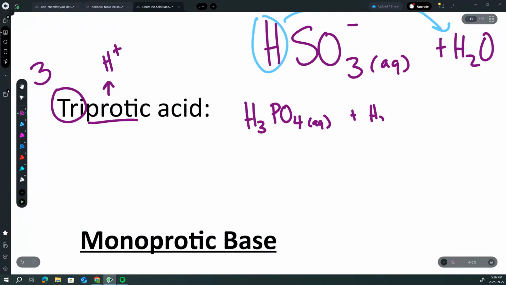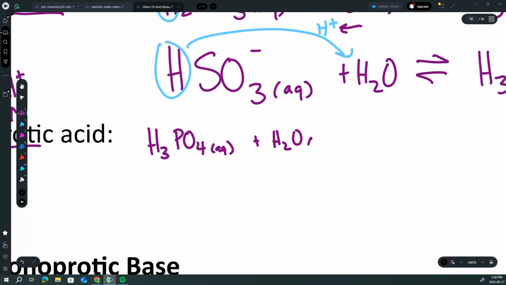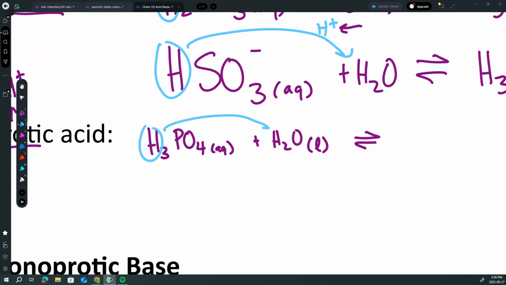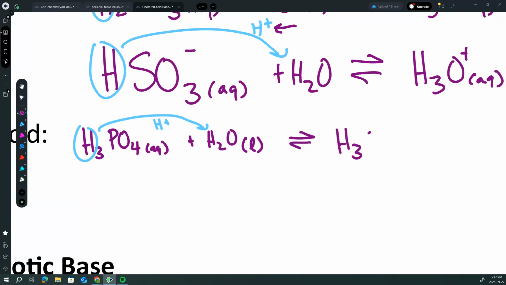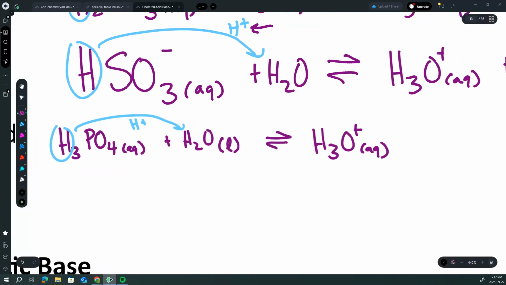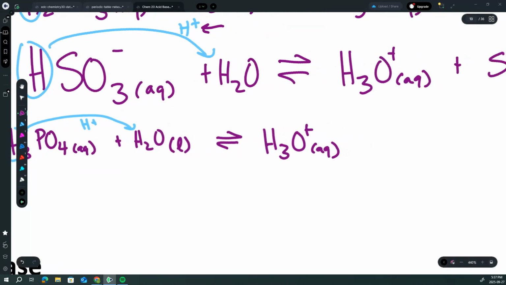So it reacts with water, because we're doing the Arrhenius modified reaction. And we are, once again, only moving one proton at a time. So we are going to get hydronium, which is going to be aqueous. It is not going to be liquid.